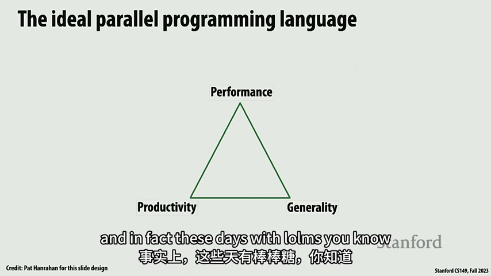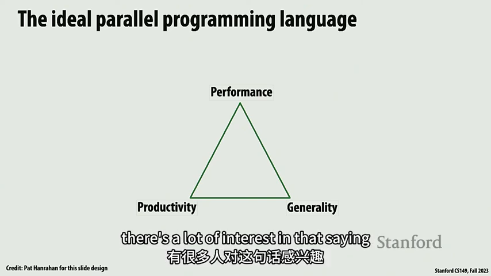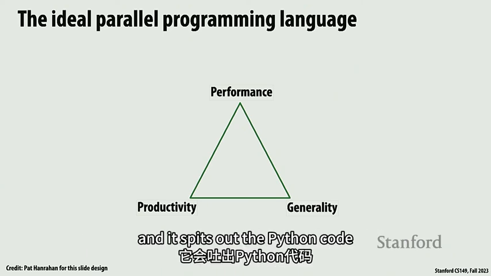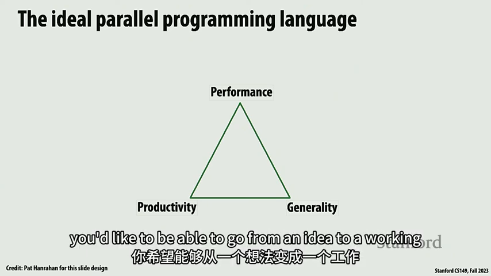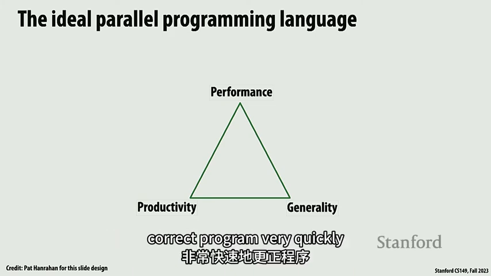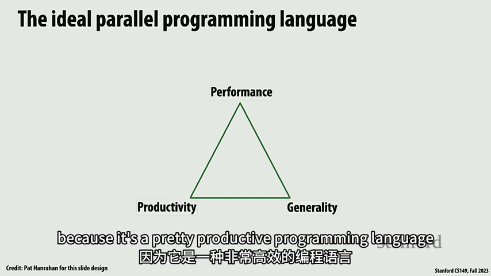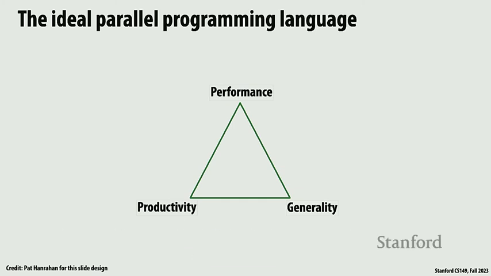And in fact, these days with LLMs, there's a lot of interest in that, saying I want a program that adds a bunch of numbers and it spits out the Python code. So you'd like to be able to go from an idea to a working correct program very quickly. You want to be productive. And many of you use Python as probably your most frequent language because it's a pretty productive programming language.